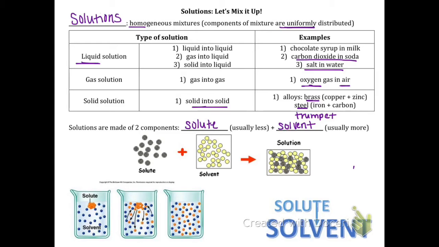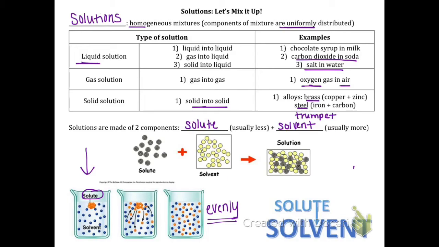Solute usually goes into the solvent, okay? So if you look at this example right here, you can think of solute like salt and solvent like water. You put the salt into the water and then it evenly gets distributed across. So when you mix salt and water, it becomes a homogeneous mixture. We call it a solution.